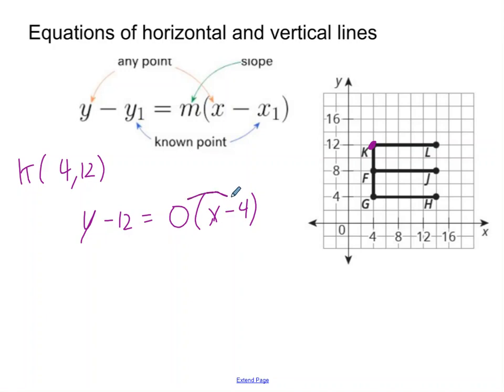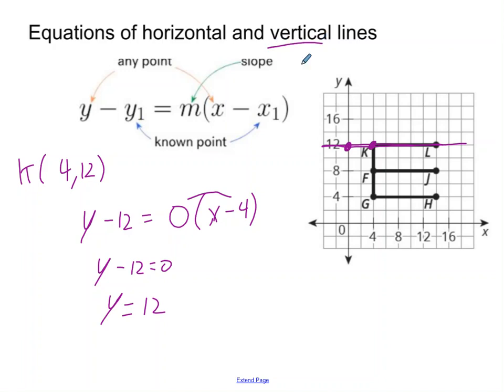Well, 0 times anything is 0, so now I'm left with y minus 12 equals 0. And I can change that to y equals 12. And then if I look here, and I just make this line go farther, it goes through the y-axis at 12. So for horizontal lines, it's y equals whatever the number is that it goes through the y-axis.